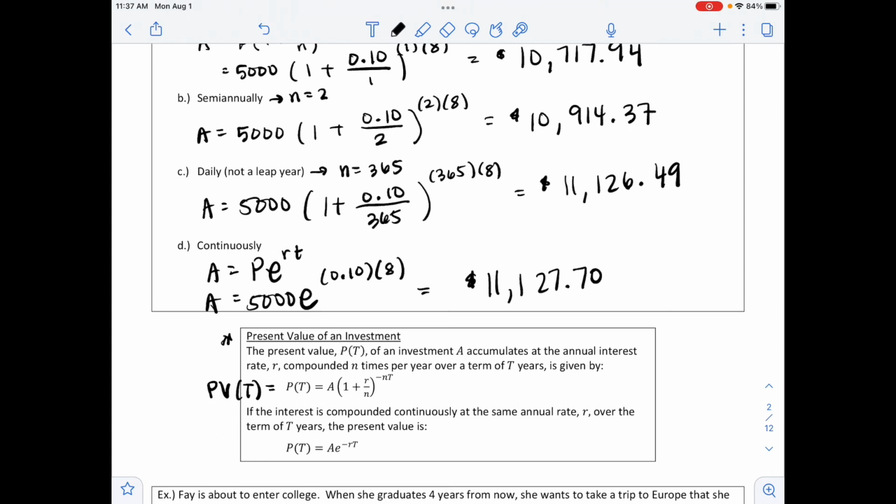If the interest is compounded continuously at the same annual rate R over the term of T years, the present value is P of T, or PV of T, equals A e to the negative RT. And A is equal to how much you will need after time T.